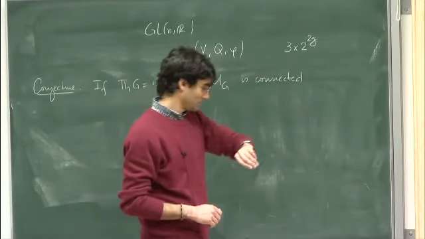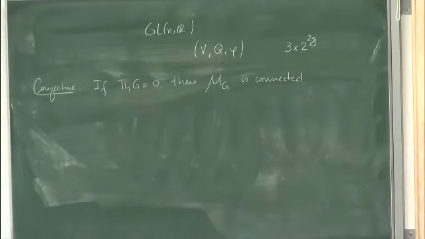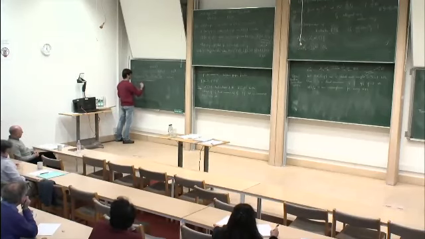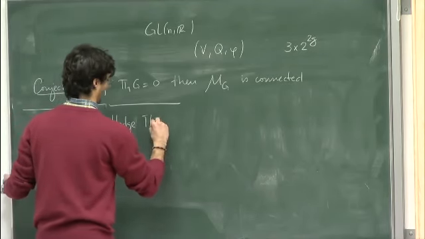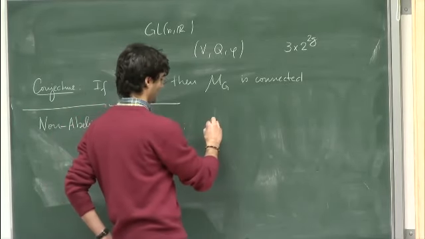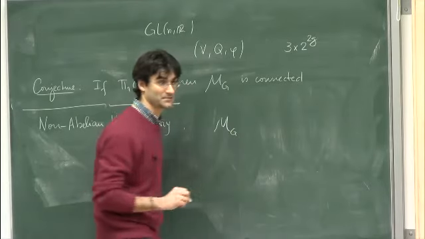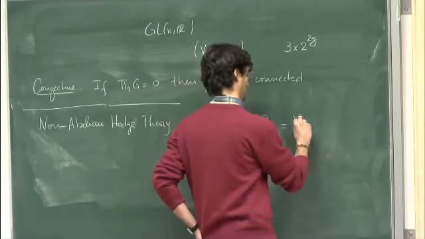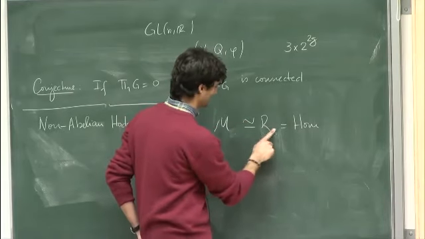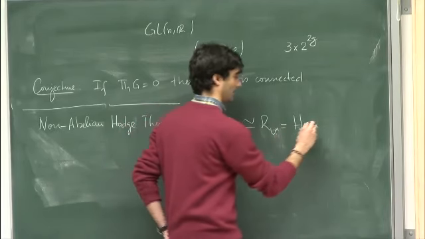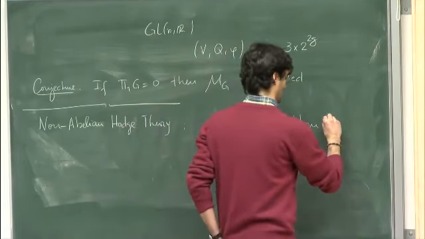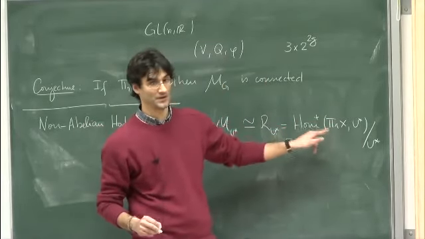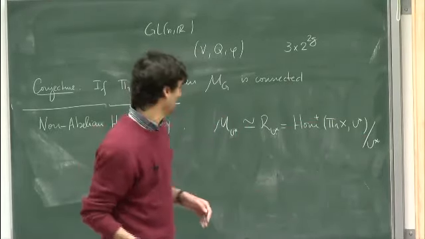Just one last thing is that non-abelian Hodge theory gives rise to a homeomorphism from the moduli space of G Higgs bundles to the G character variety, which is, for general G, but in our case, U star, the space of reductive representations of pi 1 X in U star divided by overall conjugation.